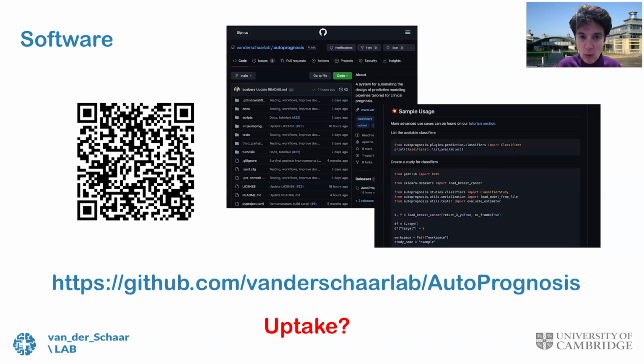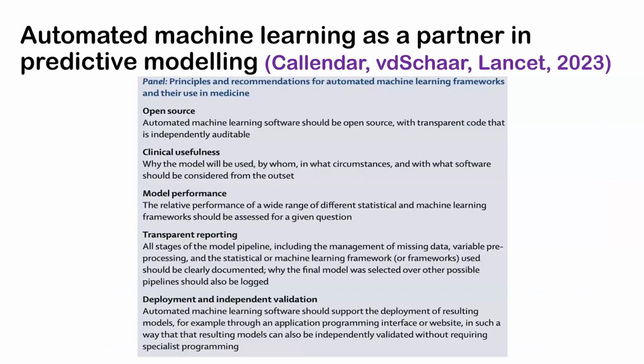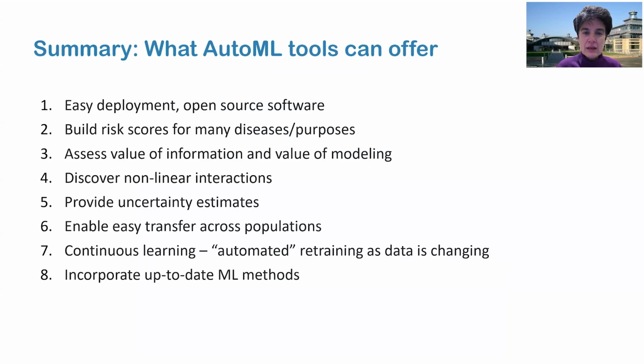And the reality is that while some of you, the revolutionary clinicians, have taken this tool and used it in a variety of settings, still the uptake is limited. So then I thought, well, maybe it's a question of just specifying more clearly why AutoML is useful. So together with Tom Callender, we wrote a paper in Lancet to try to explain to the community that AutoML tools could provide a lot of help for the clinicians.